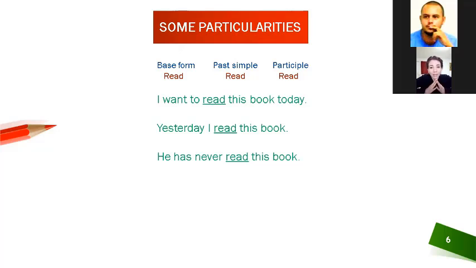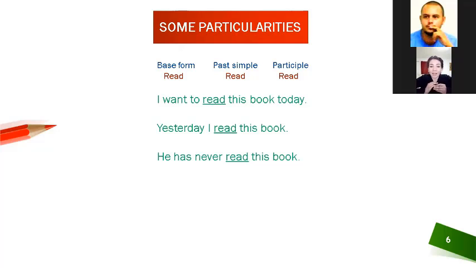Now, I'm going to use the past simple tense. Yesterday, I read this book. You want to repeat with me? Yesterday, I read this book. I'm using the past simple tense. Even though it looks the same, it doesn't sound the same, right?